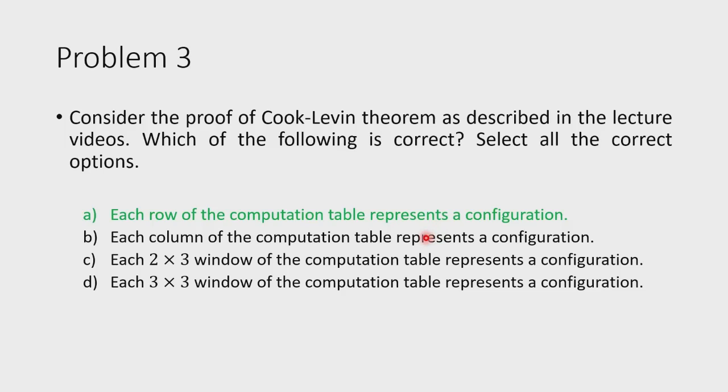For example, if the column I'm looking at is the column of the third cell of the tape, then the third column would basically be the third cell throughout the computation. So the computational table gives you all the information you need about the computation.